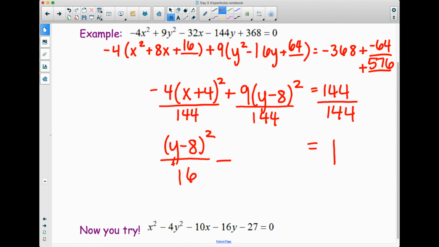Then the 36 is over here. So it's the same completing the square that we've been doing, except of course there's a minus involved now.